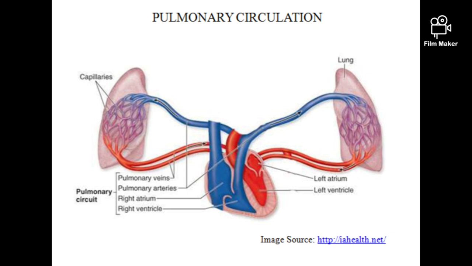So, what happens here in the pulmonary circulation? The blood which is circulated to the body parts is drained back to the heart in the right atrium, and blood from the right atrium flows into the right ventricle. From the right ventricle, the oxygen depleted blood is carried to the lungs through the pulmonary artery.